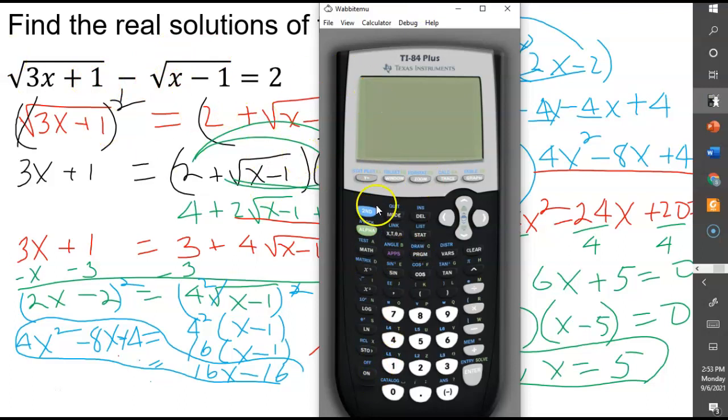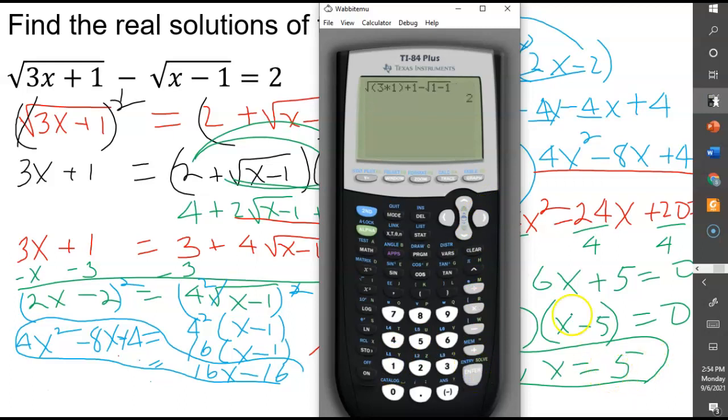So I will take the square root of, so I have 3 times 1, and then plus 1. Then get out of that square root, then minus, I take another square root, x is 1, 1 minus 1, and equals, okay, that gives me 2.